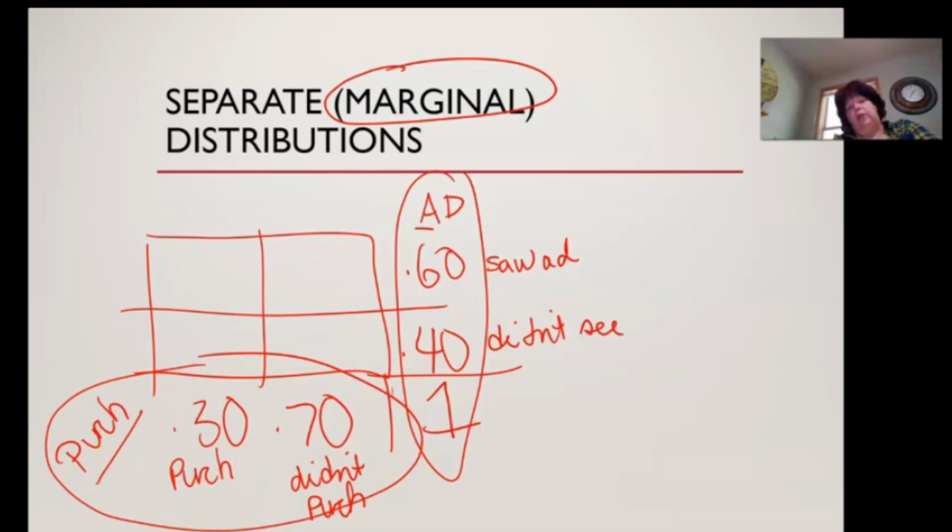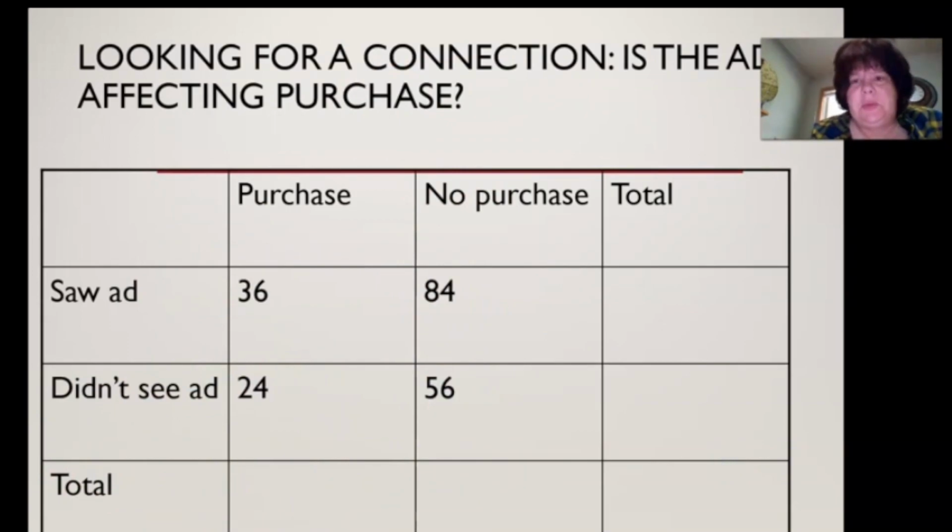And you get those by looking out in the margins of the table. That's why putting those numbers in the margins is important. So every two-way table has 2 marginal distributions. Still can't tell the relationship between the variables, but we're still kind of just breaking them down.